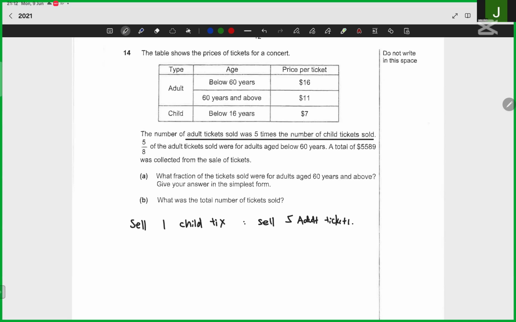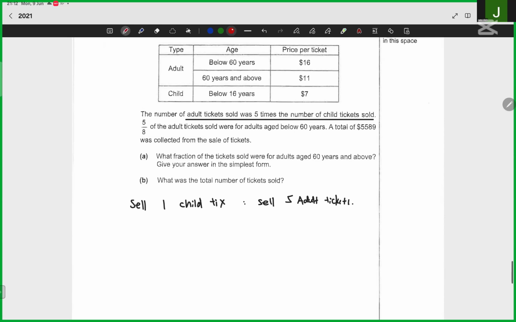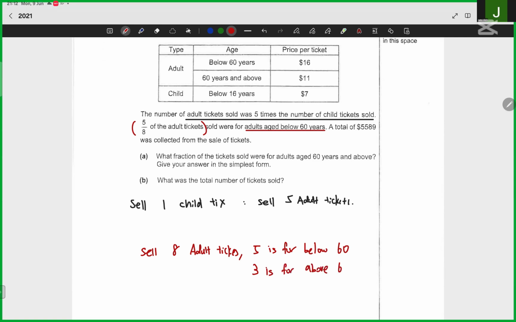Correct? But the second line says that 5/8 of the adult tickets sold were for adults aged below 60. Means what? When I sell 8 adult tickets, 5 is for below 60, which means that 3 is for above 60.